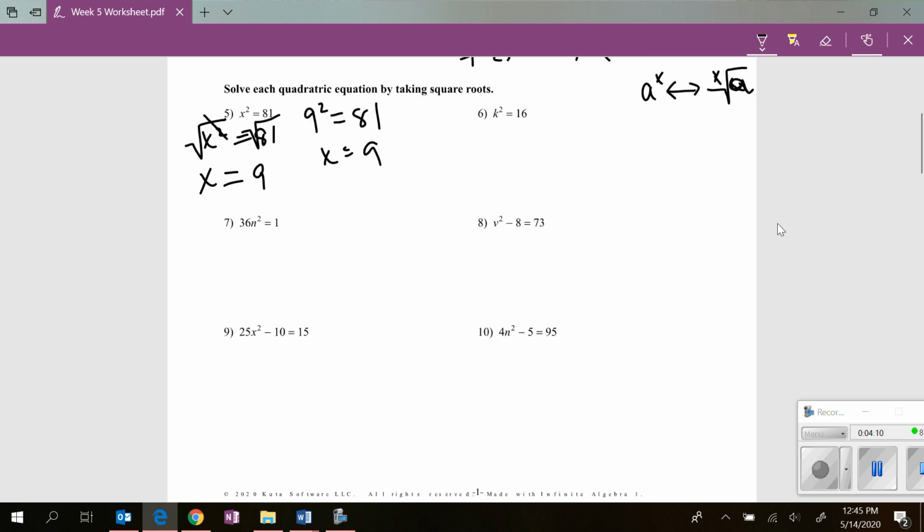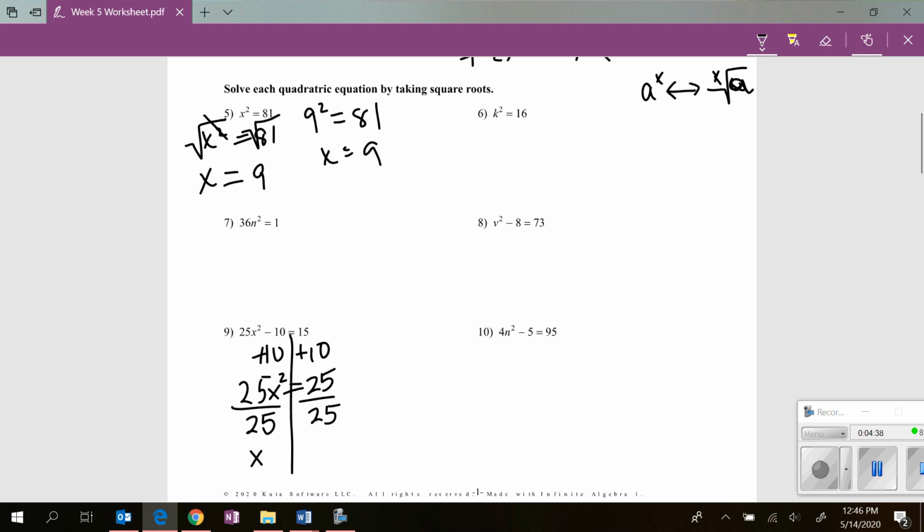Starting with my columns, I see my negative 10, so I'm going to add 10 to cancel. And now I've got 25x squared is equal to 25. Now here, I'm going to get rid of the 25 that's attached to my x by dividing it.